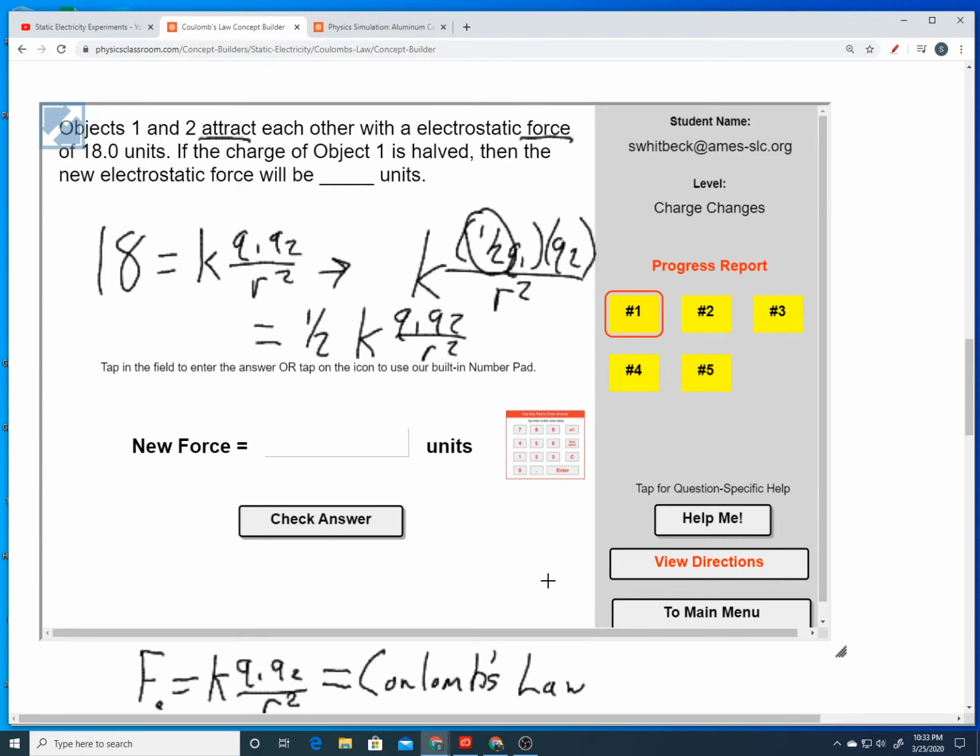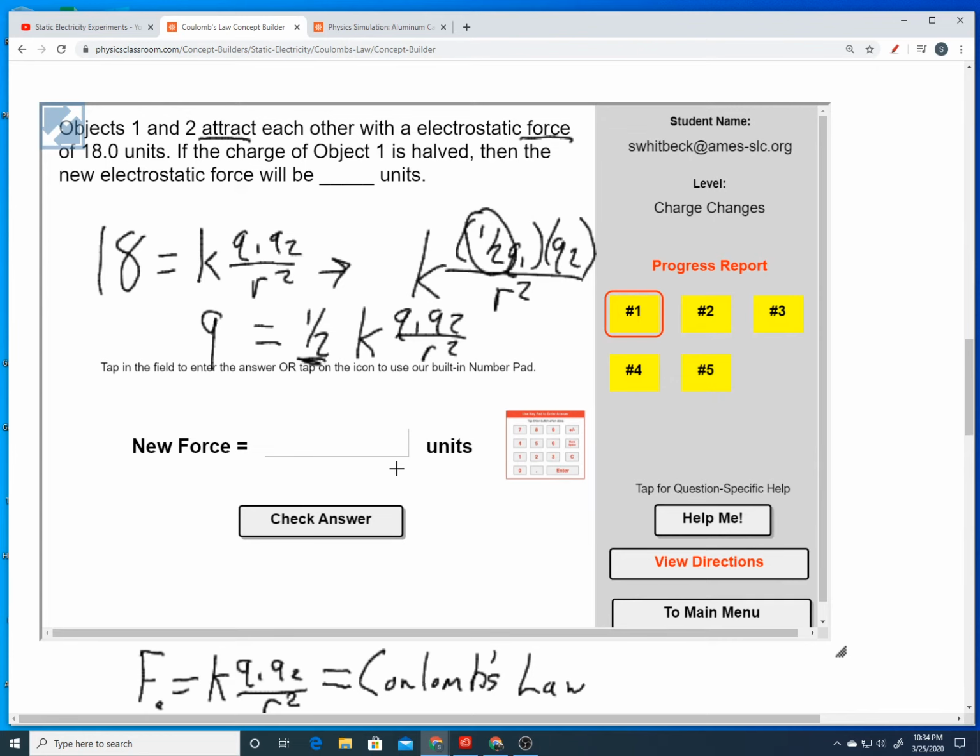And based on both the equation and what you did in your activity in the last lesson, I hope it makes sense to you that if you give one of the particles only half of the charge it had originally, you're going to end up with half the force in this new situation.